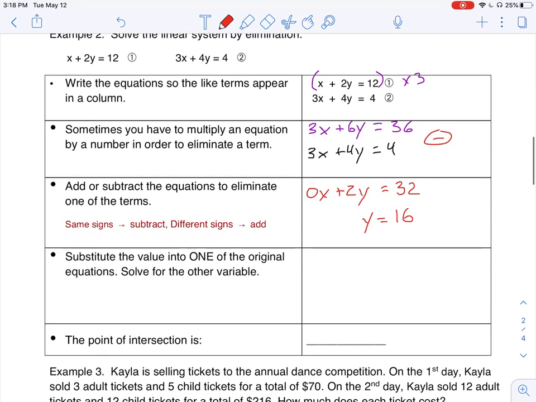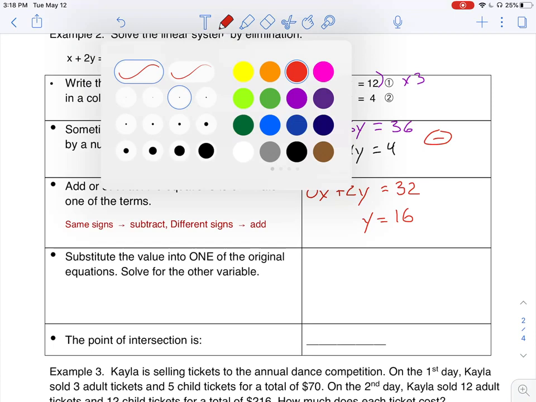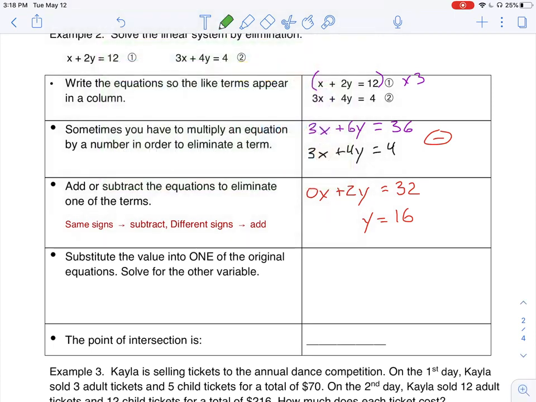Now that I have my y value, substitute the value into one of the original equations and solve for the other variable. So I have my y equals 16. I'm going to use that first equation there. Change color. I'm going to use x plus 2y equals 12. So x plus 2 times 16, since I know my y is 16, equals 12.